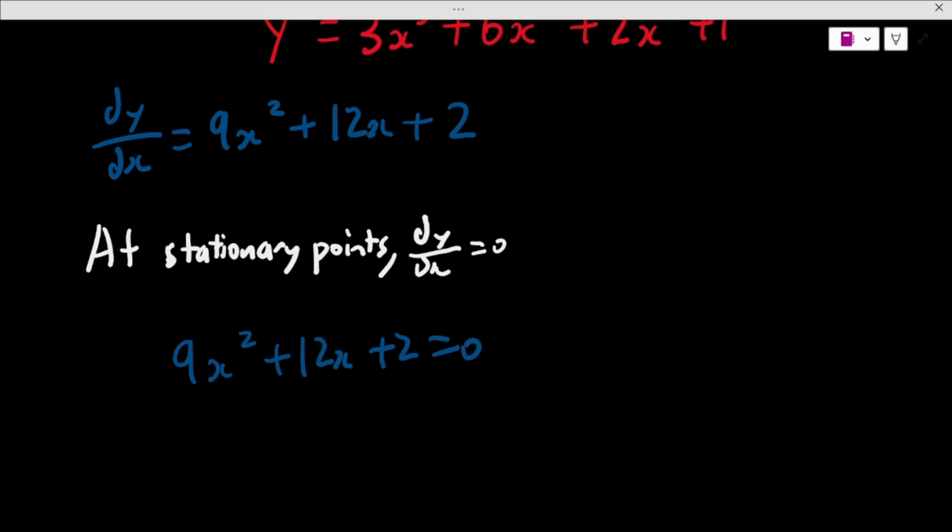Let's just cheat and use our calculator to solve for this. Really quickly, in the actual exam, you need to write down the quadratic formula. I'm just going to skip that step and tell you right away what the values of x are.